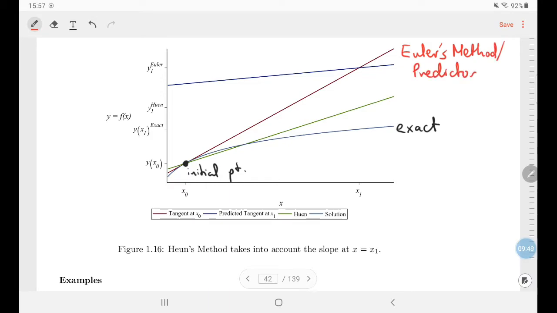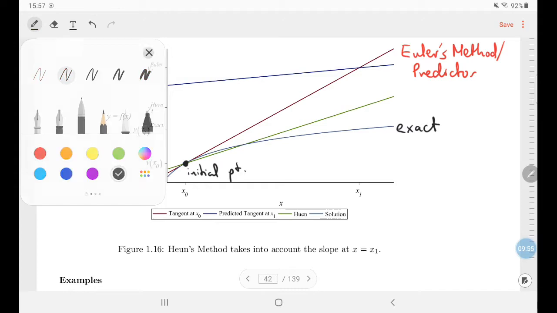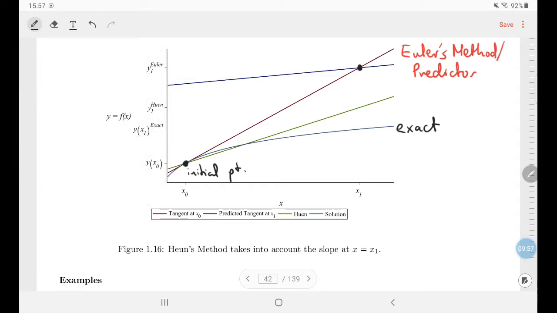And it predicts that at x1, you're going to be here. So this is the Euler predicted next point. That's where you expect it to be. So you've got the initial point and where Euler thinks your next one is.